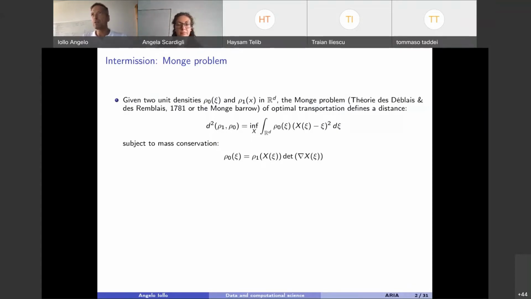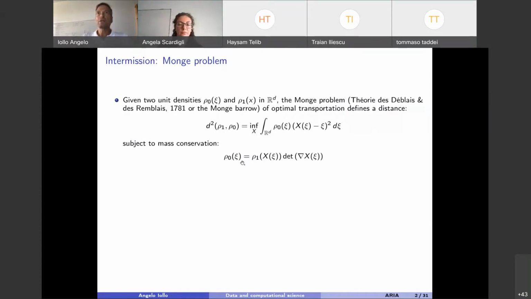These mappings will be of Monge type, meaning that the way to find the mapping is basically by optimization, and the optimization is to find the map, capital X, which minimizes the cost of going from Xi to capital X, provided that we weight this distance by the mass that we are transporting, and the mass is rho 0 times delta Xi. This problem has an infinite set of solutions.